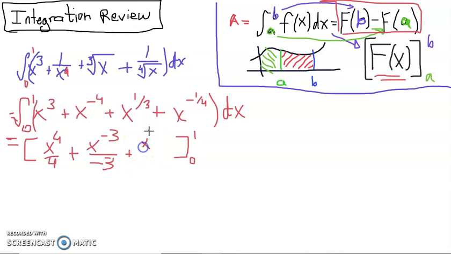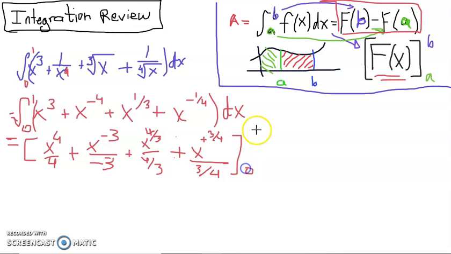This is a little trickier. x to the 1/3, no, 4/3, sorry, divided by 4/3, and then x to the positive 3/4 divided by 3/4. And that will be evaluated from 0 to 1.